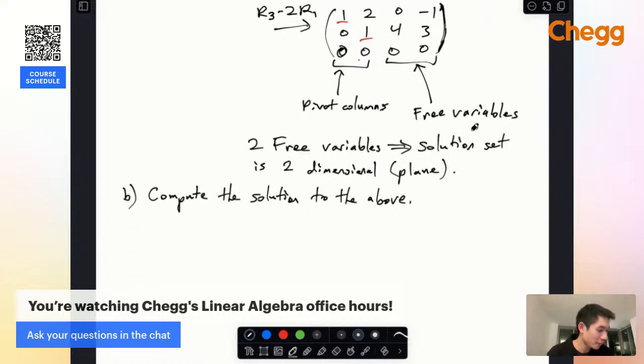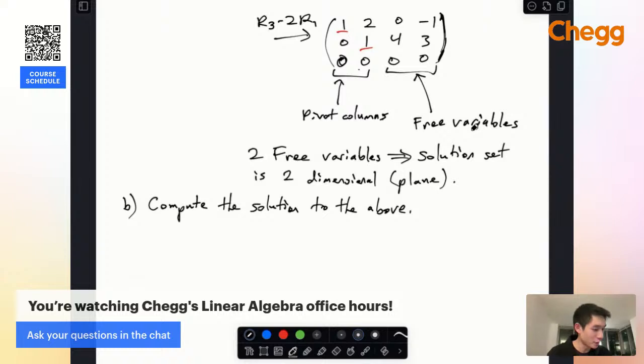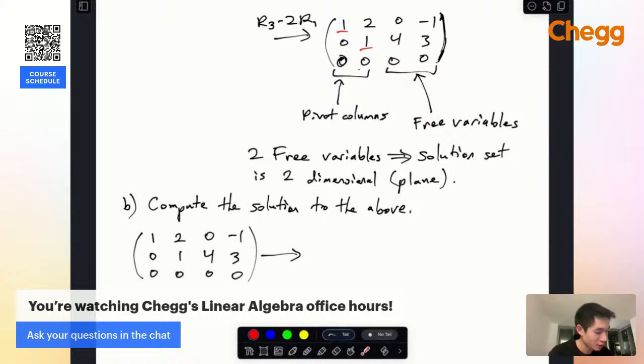Okay, so let's build on with this row reduced form that we've written here. We have 1, 0, 0, 2, 1, 0, 0, 4, 0, minus 1, 3, 0. Actually, I was a little lazy and did not completely get it in reduced form because of this 2 right here.